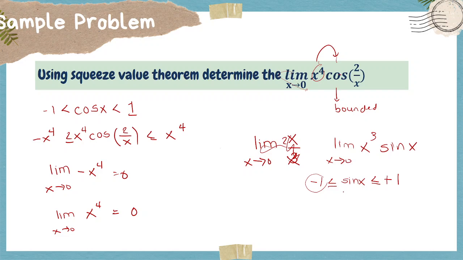Because, based on the inequality, negative 1 is less than or equal to sine x and less than or equal to positive 1. Kung less than or equal siya, ibig sabihin si negative 1, pwede siyang equal sa sine x, right? So if we substitute negative 1 here, what would happen? The minimum value is negative x cubed.